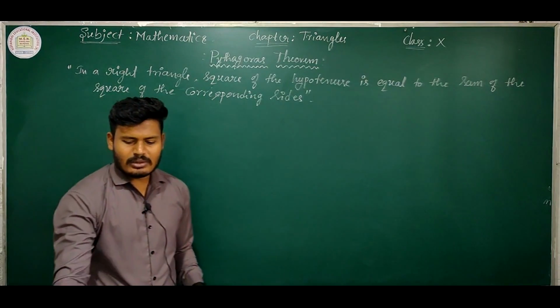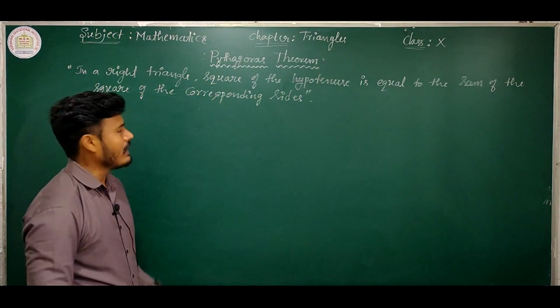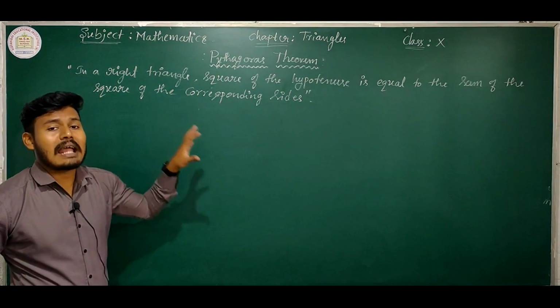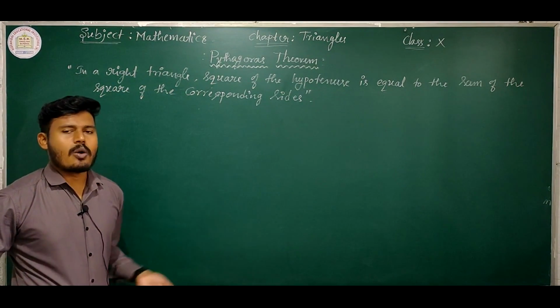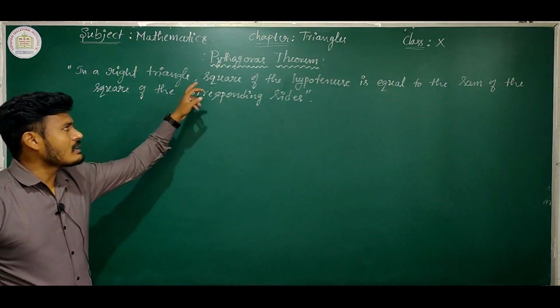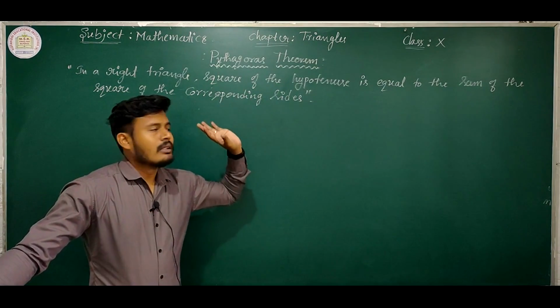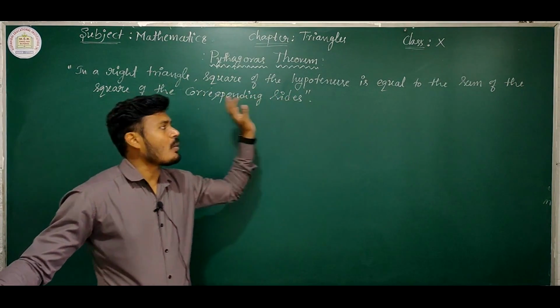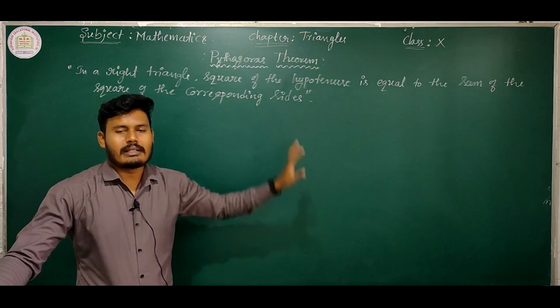You just observe the statement carefully. In a right triangle means a right angled triangle. We already know the definition or meaning of a right angle triangle. And square of the hypotenuse is equal to the sum of the square of the other two sides.